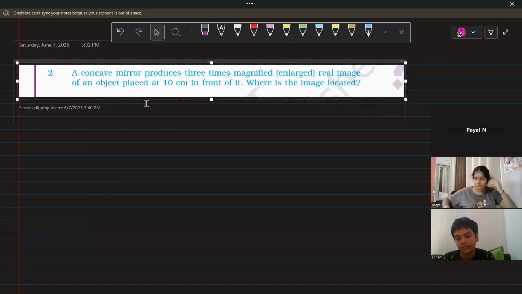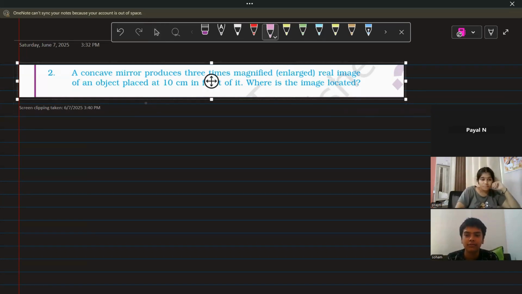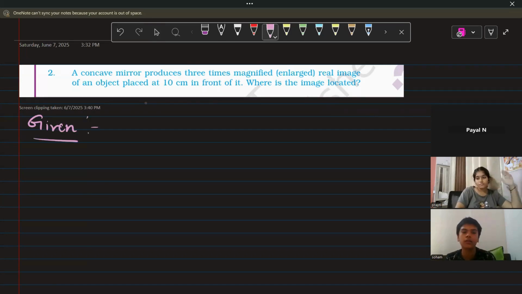Now, whenever the numericals are given, you have already done this in your ninth standard also. So the pattern that you will be following whenever a problem is given to you is writing down the data that is given to you, like here, given. A concave mirror. सबसे पहले, whenever they give you the name of the mirror, please write it down. Now, why you are going to write it down?